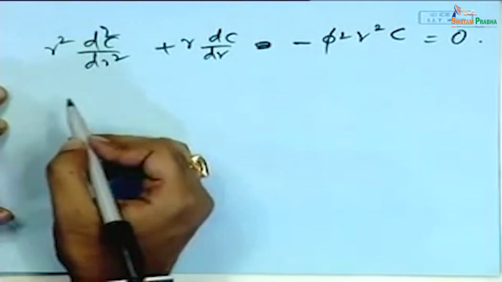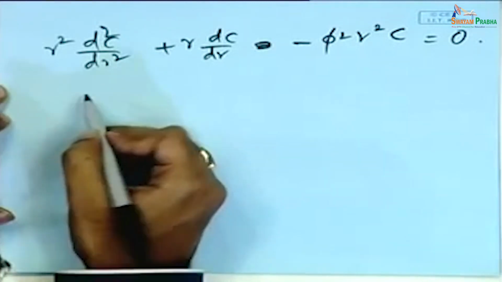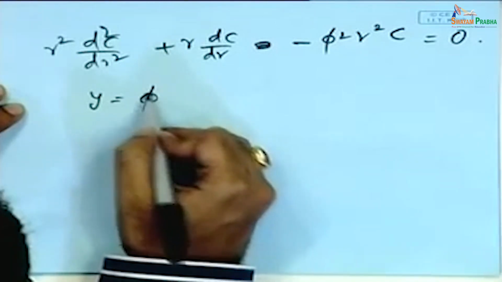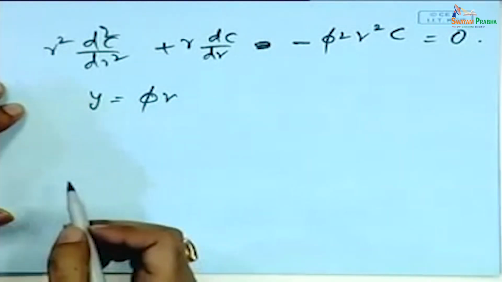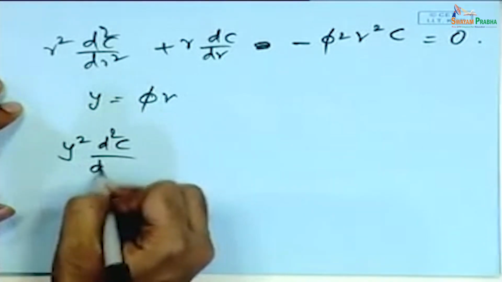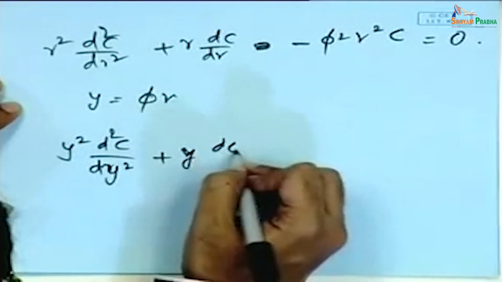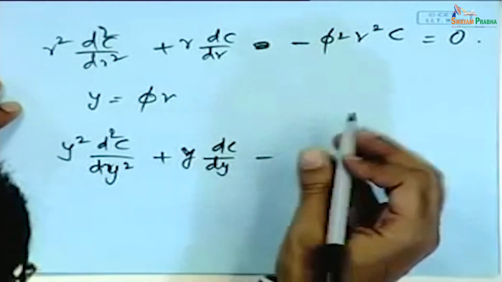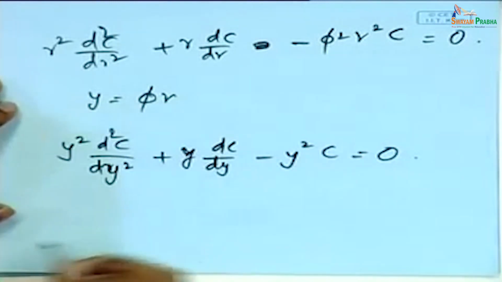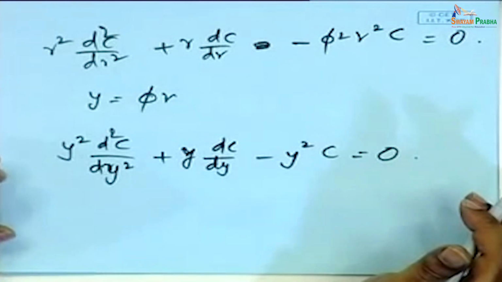So then, what is the next step? You define a new variable, Y equals phi times r. Okay, so then your equation becomes, now you can use a Bessel function solution.